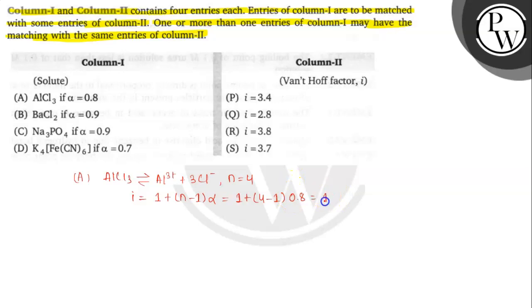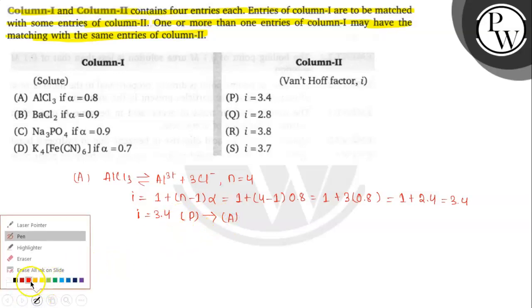So it will be equal to 1 plus 3 multiplied by 0.8, which is 1 plus 2.4, equals 3.4. That means the value of i in the first case is 3.4. So it will match with P. So A matches with P.